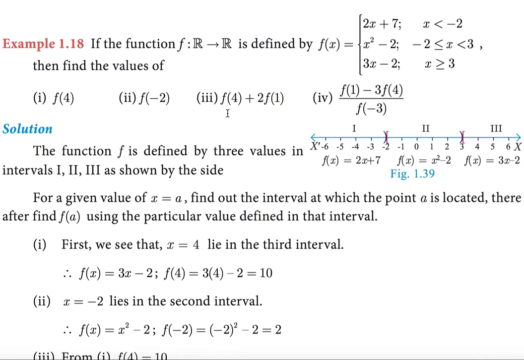f of minus 2: you have to use minus 2 whole square, that is 4 minus 2, 2 is the answer. Then f of 4 plus 2 into f of 1. f of 4 is 10. f of 1 is 1 square minus 2, that is 1 minus 2, minus 1. So minus 2 minus 30, that is minus 32.